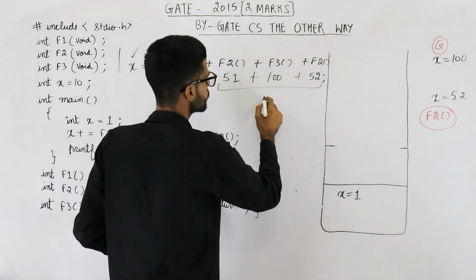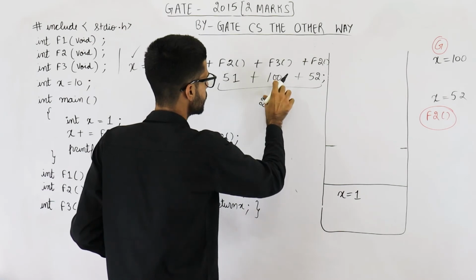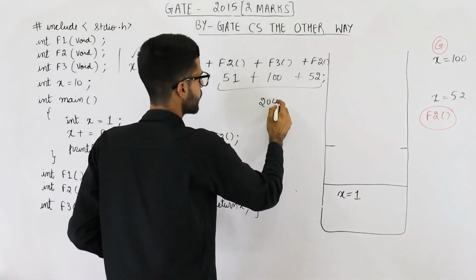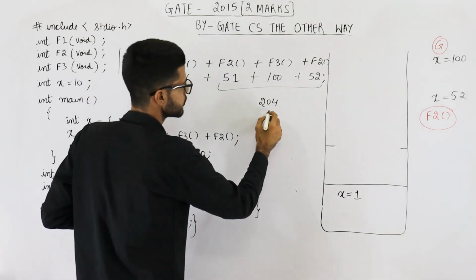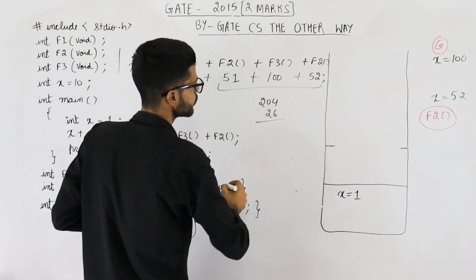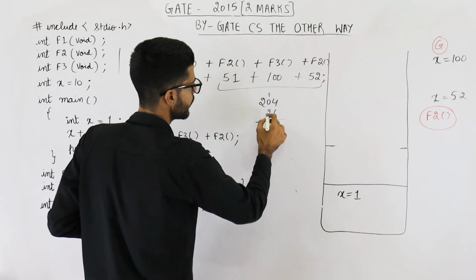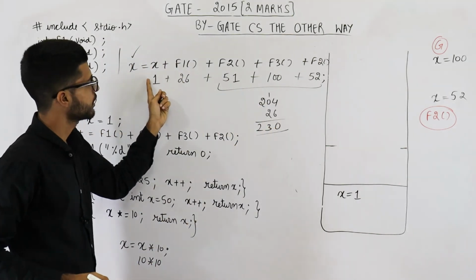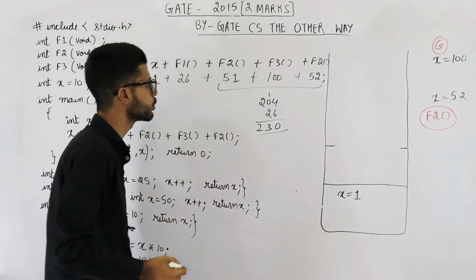So this part is 203. Then plus 1 is 204 and plus 26, so answer is 230. That means RHS evaluated to 230.